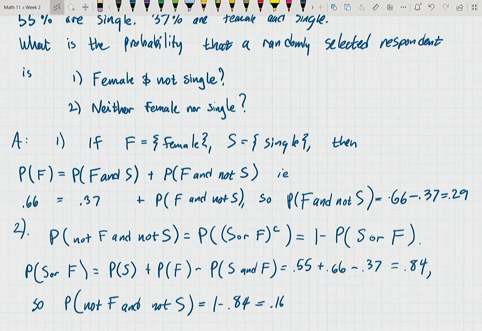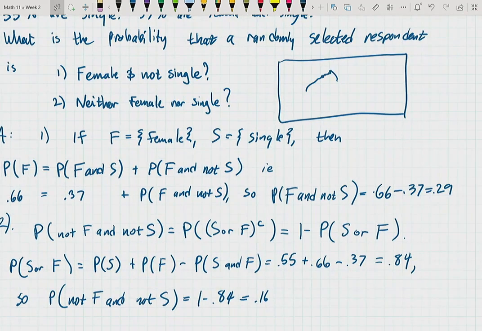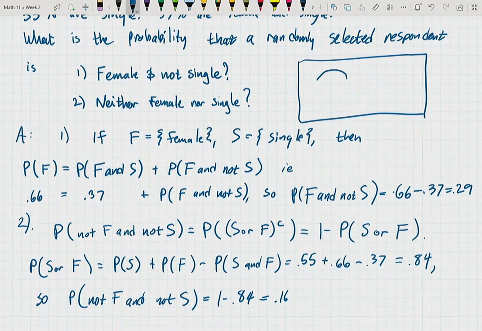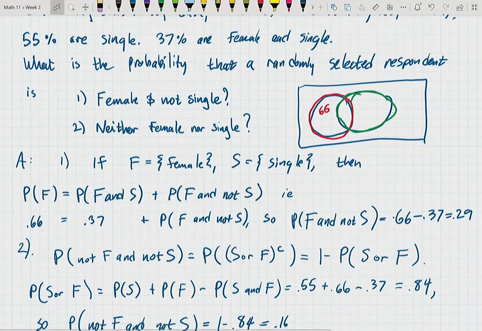And like I said, it's actually often a lot easier just to draw the Venn diagram here, where this one is 66, this one is 55, and this one right here is 37. And so forth.